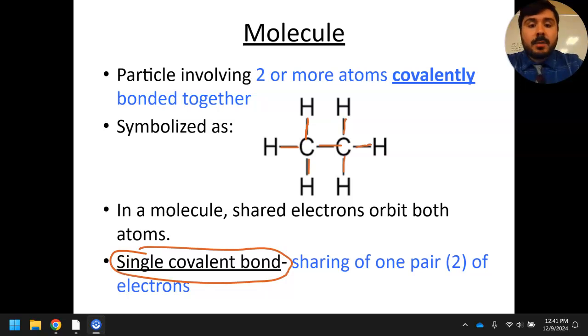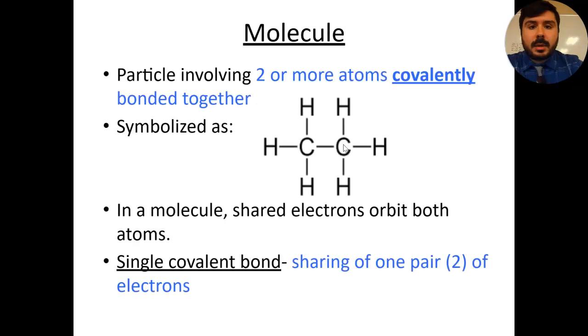And it's a sharing of one pair, and when I use that word pair, we're thinking two electrons. So every single one of these single covalent bonds that I've highlighted in orange represents a sharing of two electrons between those specific atoms. And I'm going to go back here a second, okay?